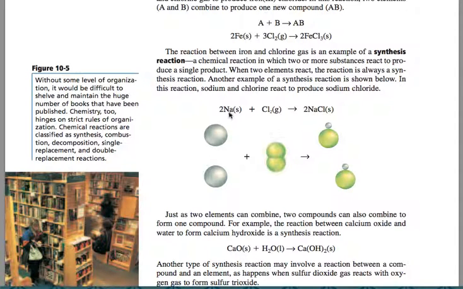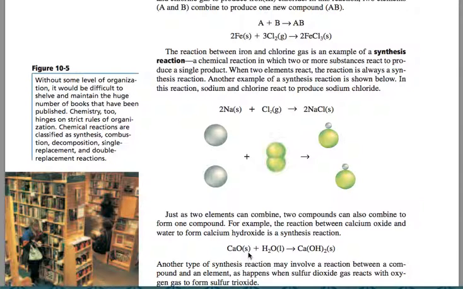Okay, this is an element, sodium, this is an element, iron, but now we're going to have a compound. For example, the reaction between calcium oxide and water to form calcium hydroxide. This is a synthesis reaction.